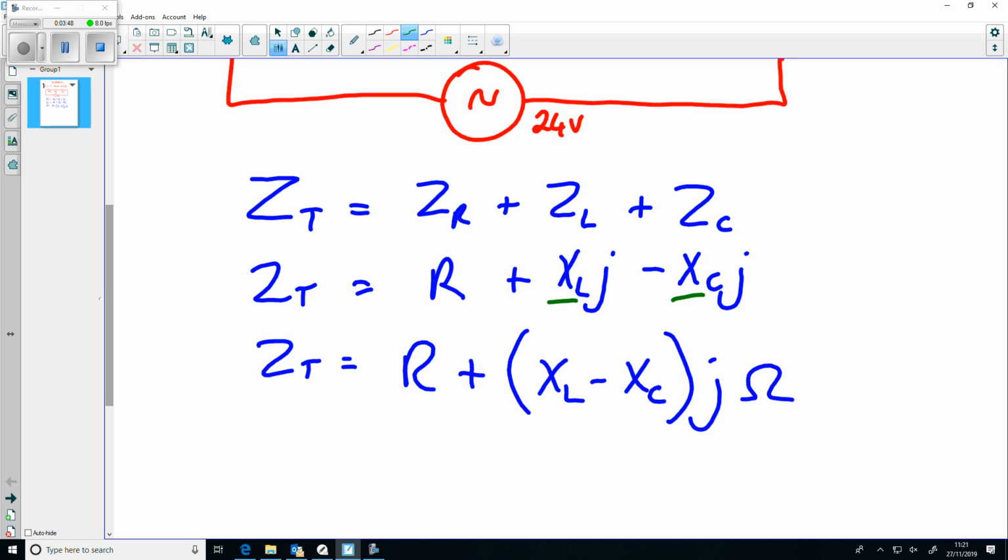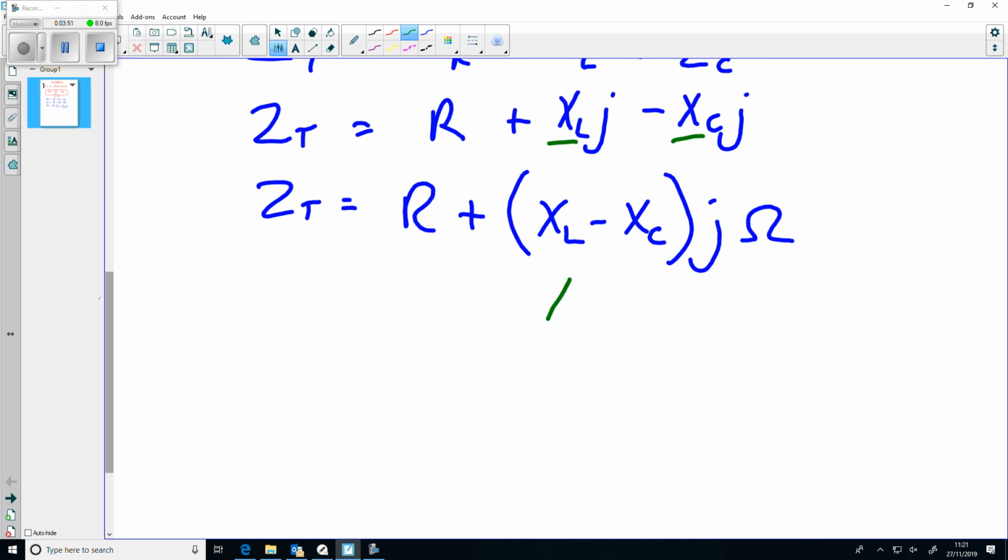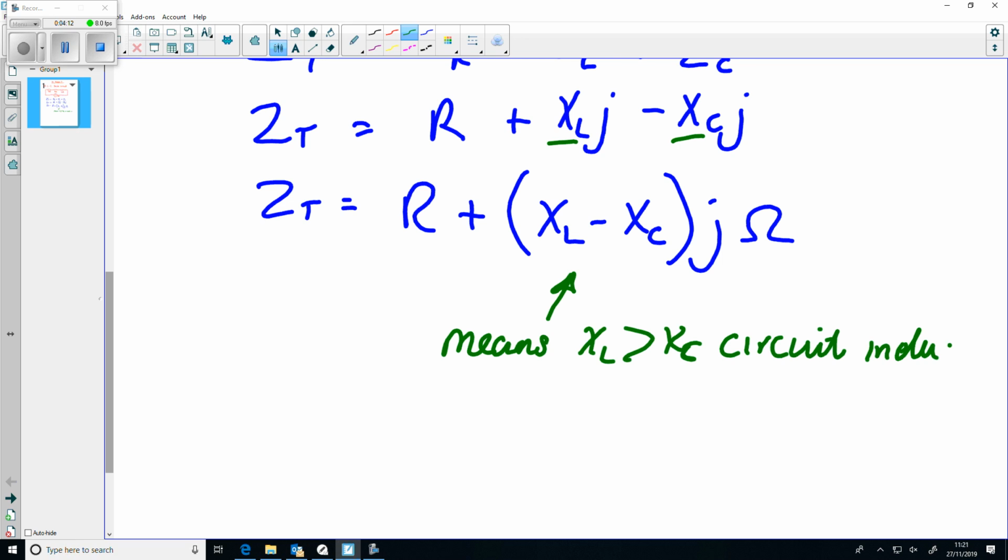What this bit here means is that if XL is greater than XC, the circuit would be overall inductive in nature, despite containing some capacitance.